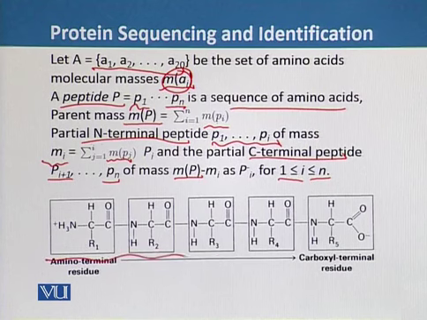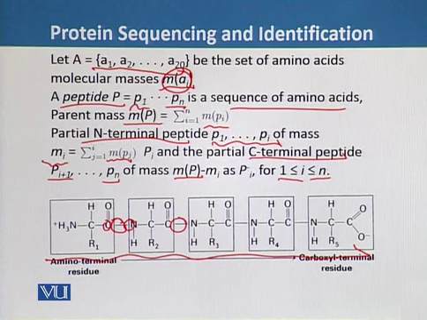And we know that every protein is a linear chain. For example, this protein is in linear form and is connected by peptide bonds. These are peptide bonds between the amino acids. The peptide bonds start with nitrogen and end with carbon.